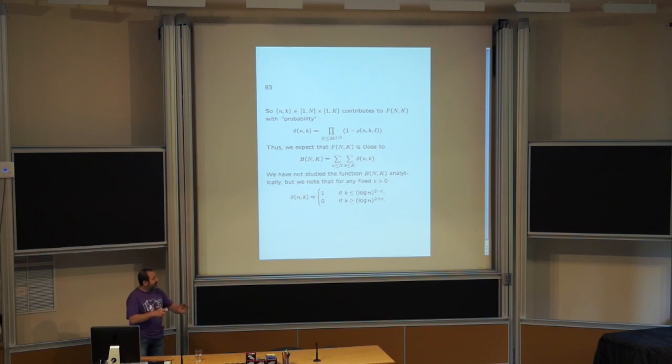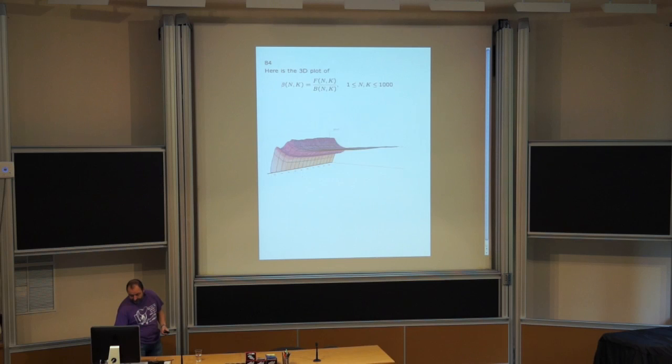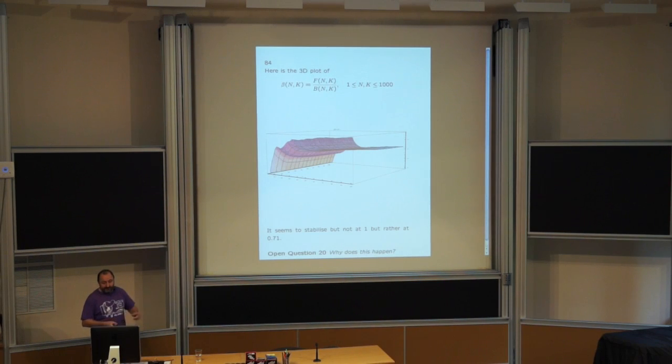So only the gray area around log n squared is where you have to do something. Anyway, we just computed this function numerically. We forgot about elliptic curves and started computing this function from explicit formulas and tried to compare this with f. And this is what we got when we took the ratio.